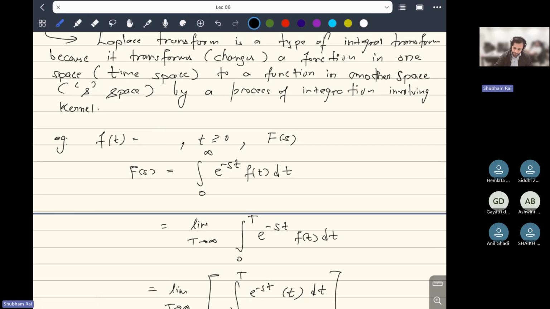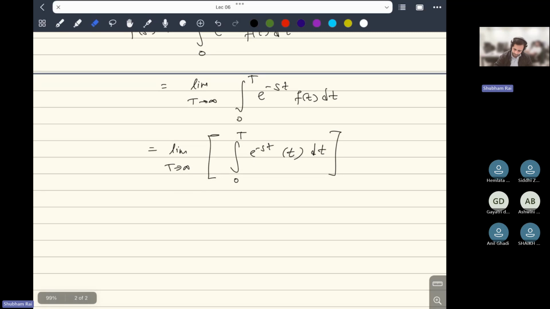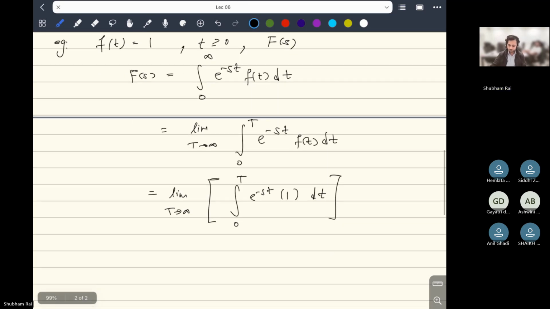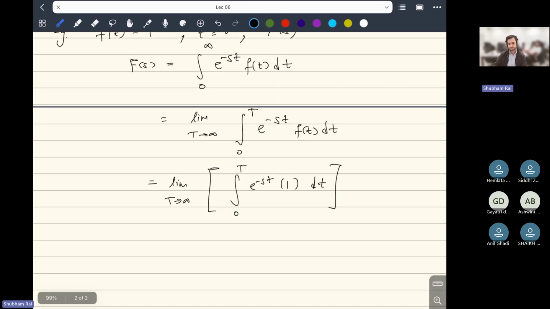Let's take this to be 1. We don't want to apply the product rule of integration. So let's take f of t to be 1, a constant function. Yeah. So now tell me, what should be the integration of this function? Yes, hope you remember this much of integration.